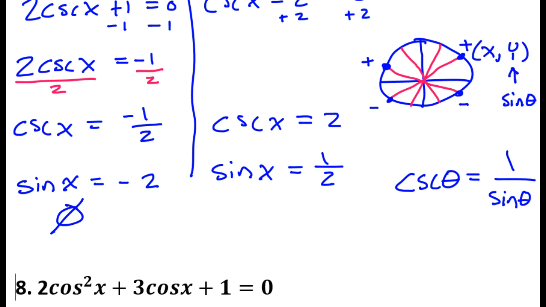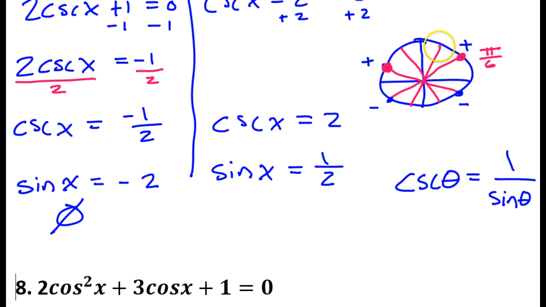For this particular problem, we want positive 1/2. So we're going to be looking exclusively at these 2 angles for our solutions. This is 1 pi over 6 right off the bat.